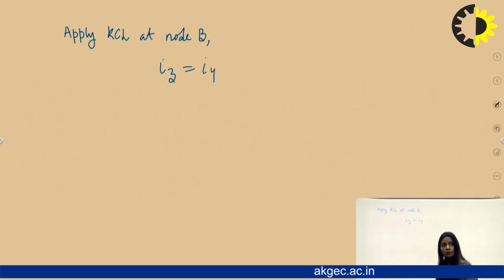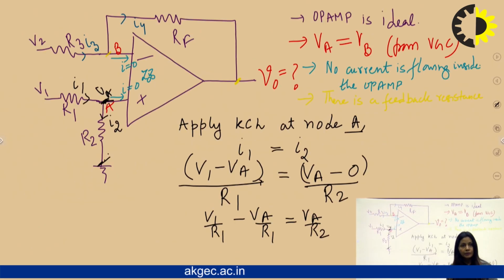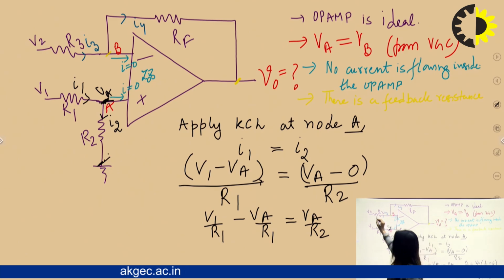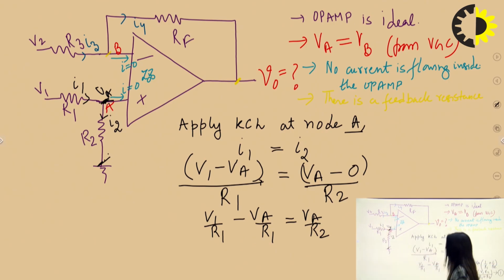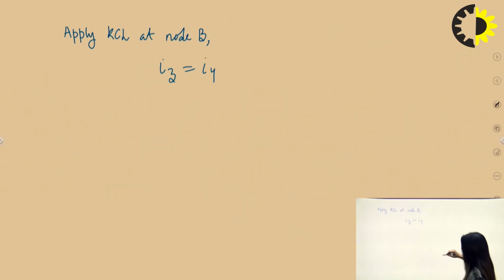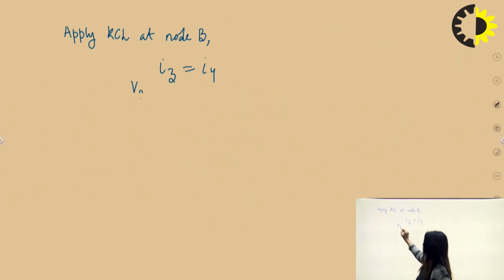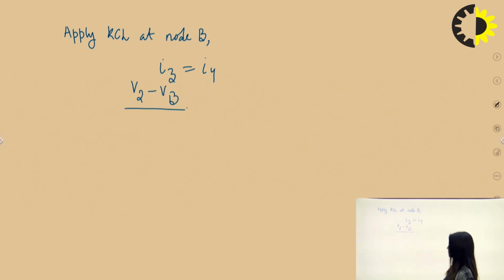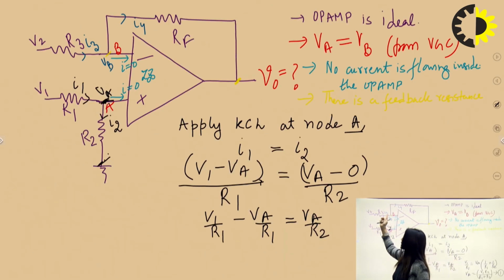Now again the same analysis we will do. I3 is the voltage drop upon resistance, and that would be V2. Since current is flowing in this direction, V2 is at high potential. So V2 minus VB upon R3.